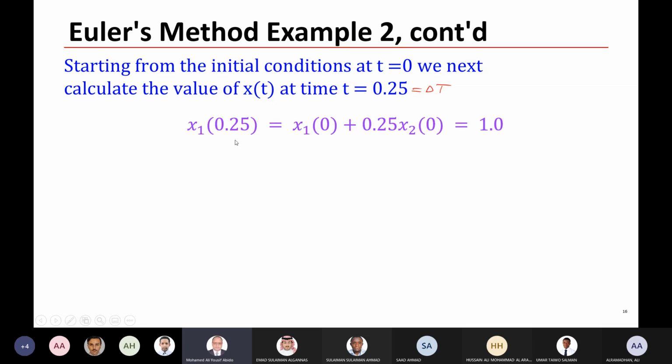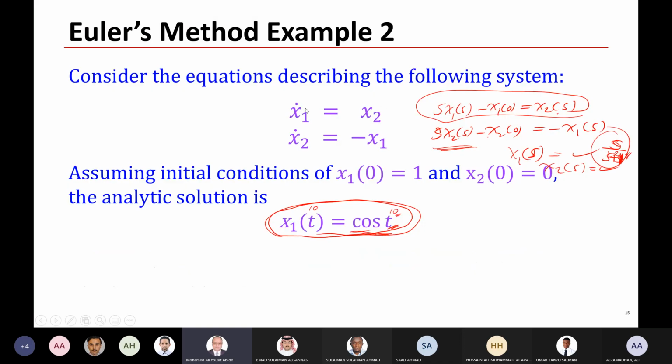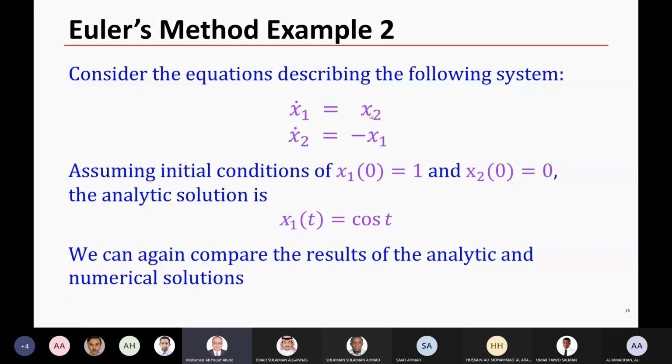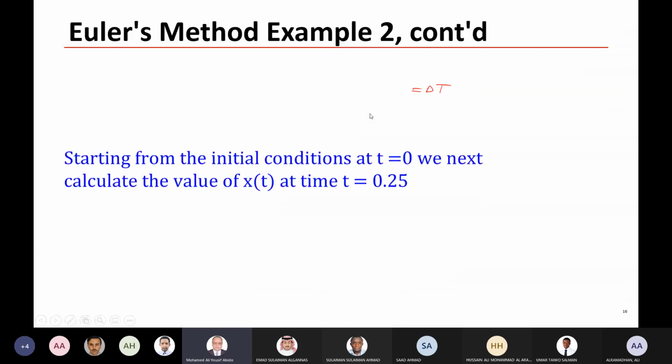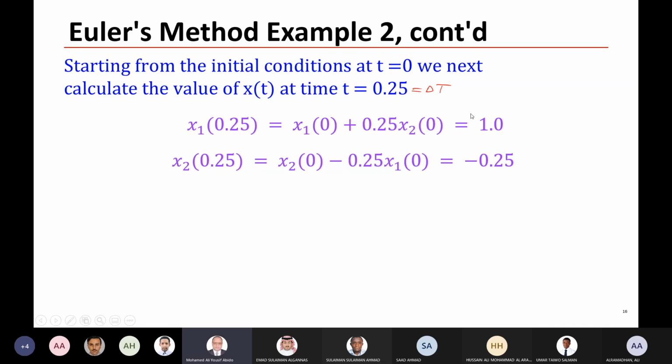So you can get x of 1 equal to x of 0 plus delta t multiplied by f of x, which is x2 here. f of x equal to dx by dt. So x2 of 0 is given here. x2 of 0.25 equal to x2 of 0 minus delta t times x1.